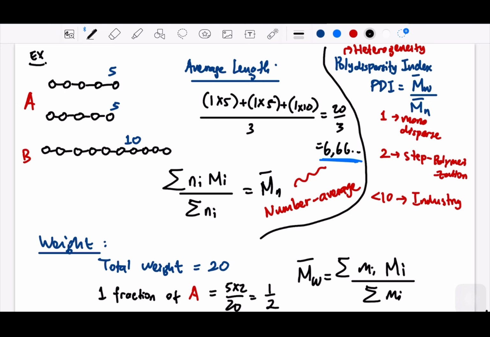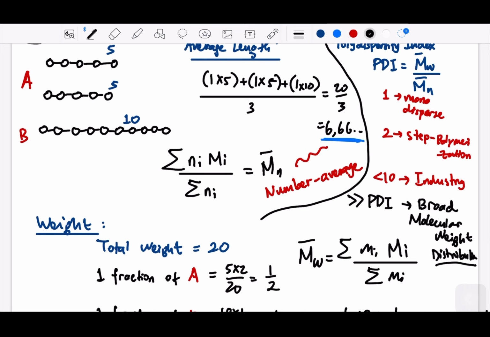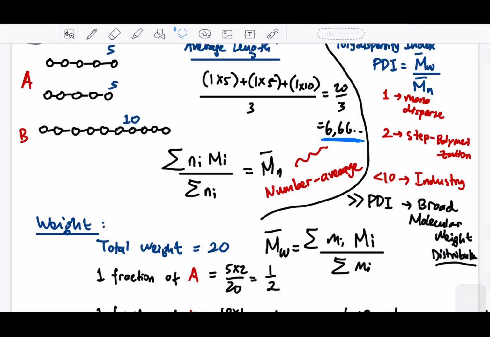So if you have large PDI, then broad molecular weight distribution. So remember, we have a curve before.